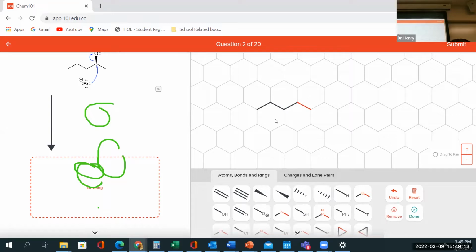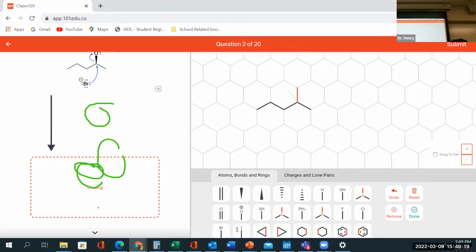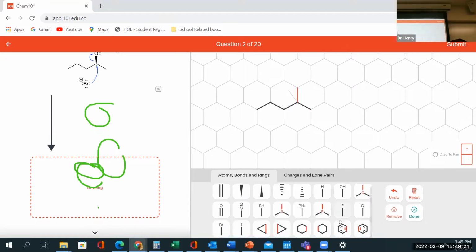And now we have a bromine. So is it going to change positions, or is it going to be coming out towards us, or is it going to be going towards the left?